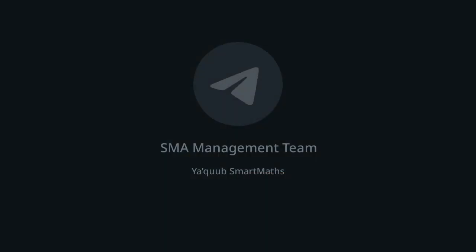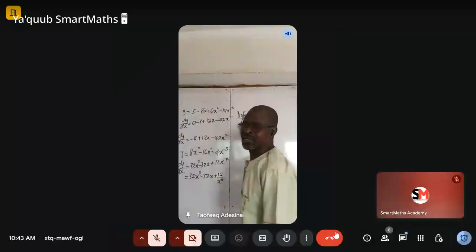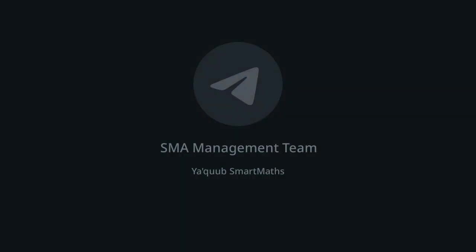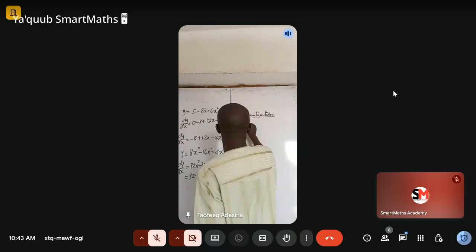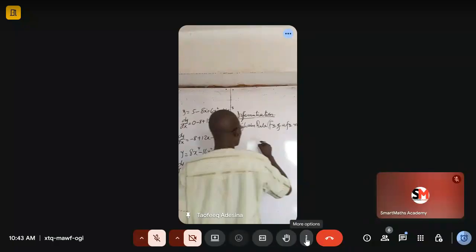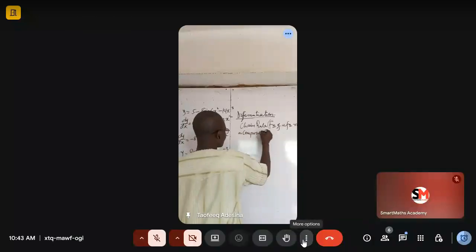The next rule, which I believe is most important, is what we call the chain rule. They call it the function of a function rule, or they call it the composite function.